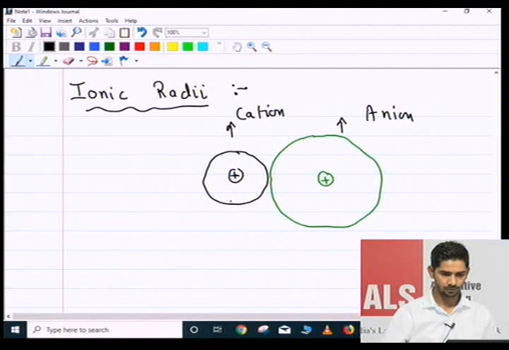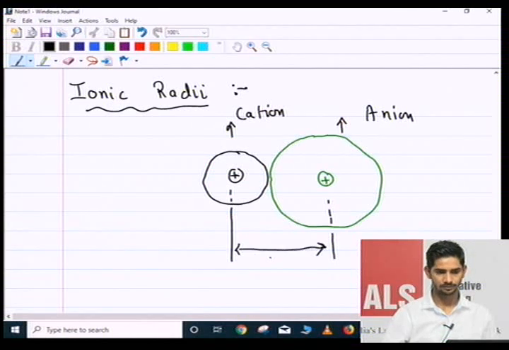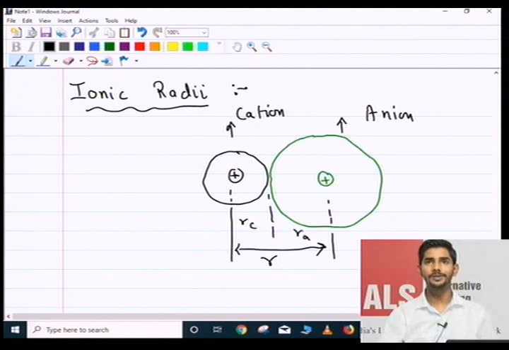The distance, this distance, I'm writing with R. This is your RC and this is your RA. C stands for the cation, whereas A stands for the anion.